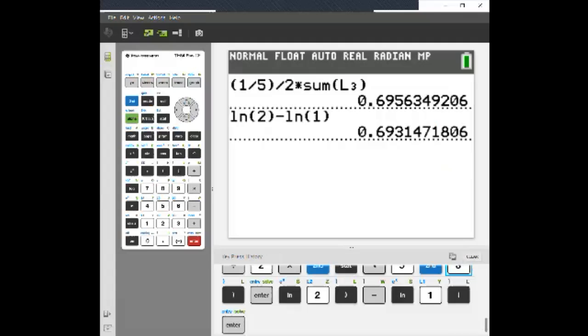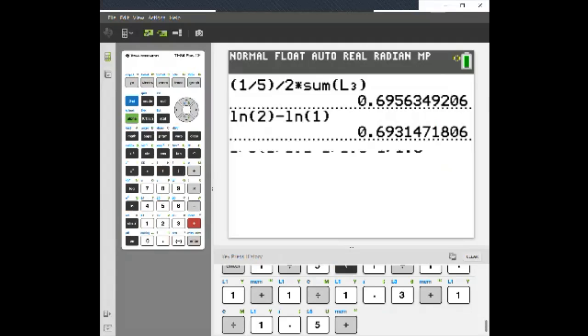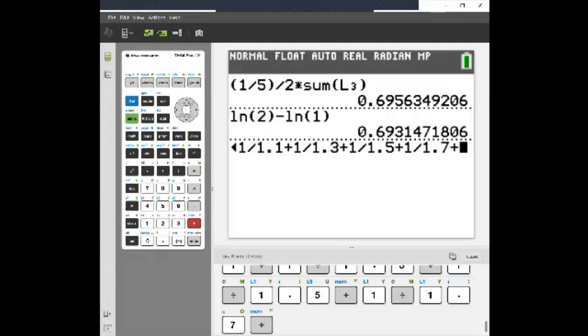So my delta x 1/5 times 1 over 1.1 plus 1 over 1.3 plus 1 over 1.5 plus 1 over 1.7 plus 1 over 1.9.